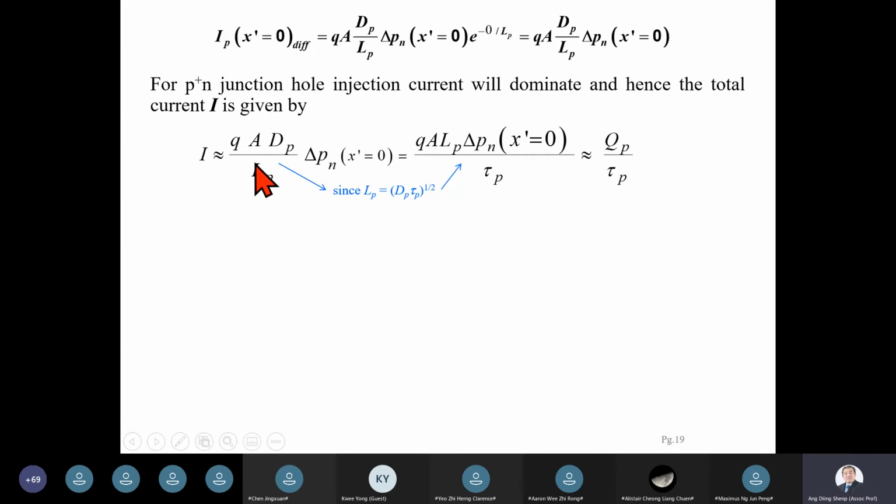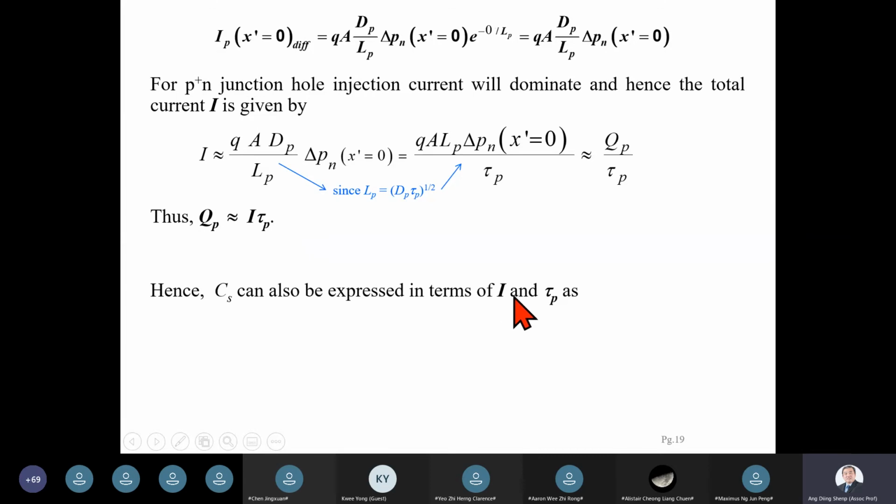So the total current I flowing through the diode in this example of a P plus N can be expressed as QP over tau P. Based on this, QP can be expressed as I multiplied by tau P, and therefore CS can also be alternatively expressed as q over kT times I tau P. This I tau P product term is actually QP. So this is just an alternative expression for the storage capacitance for a P plus N junction.